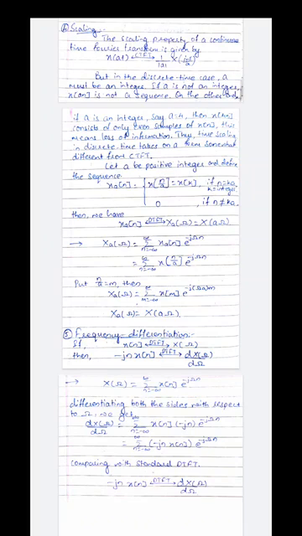Time scaling property of discrete time Fourier transform is somewhat different compared to time scaling property of continuous time Fourier transform. So to elaborate, let us consider the time scaling property of continuous time Fourier transform.